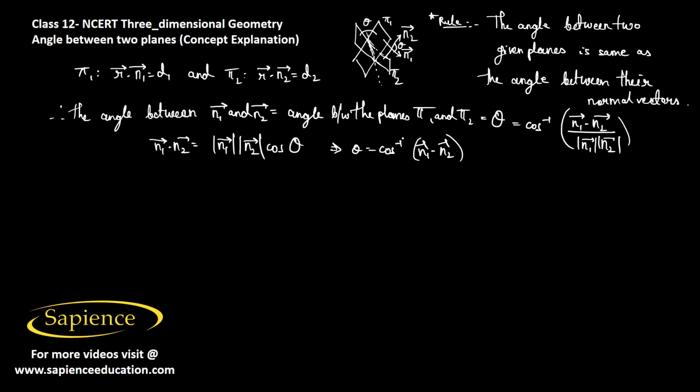So we can find this in the Cartesian form also. Suppose the equation of the plane pi1 is given in the Cartesian form, we need to find one formula in the Cartesian form.